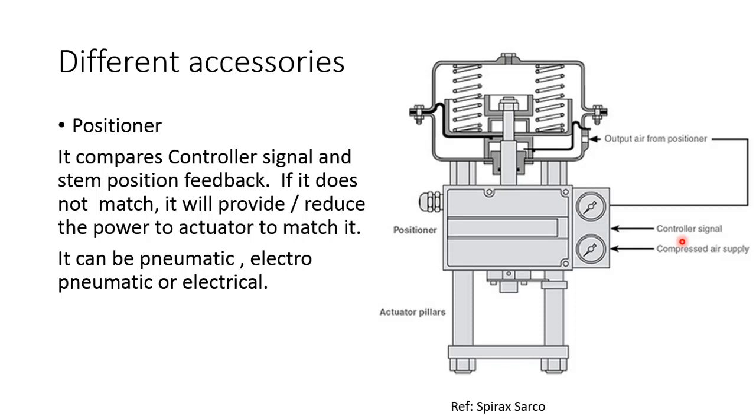The positioner can be pneumatic, which means that it will have the control signal as pneumatic. It can be electro-pneumatic, so a combination of electrical and pneumatic, or it can have purely an electrical actuator where the signal will be electrical. In either case, the air supply is a must, because this air supply will go in the actuator.